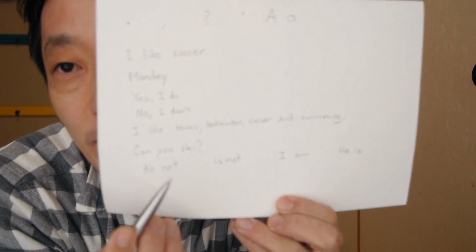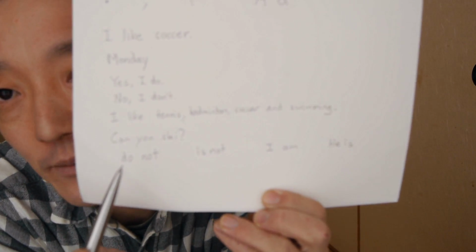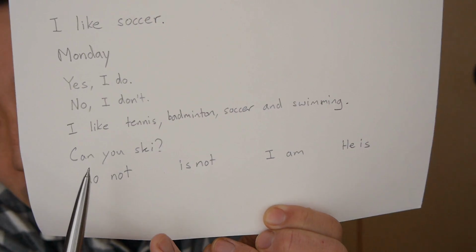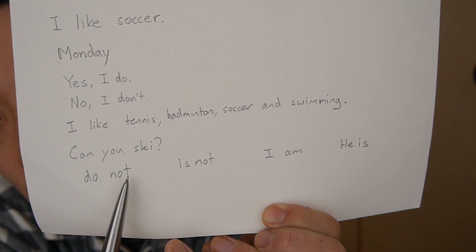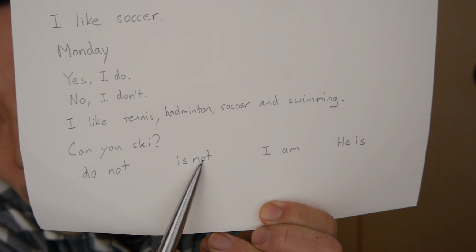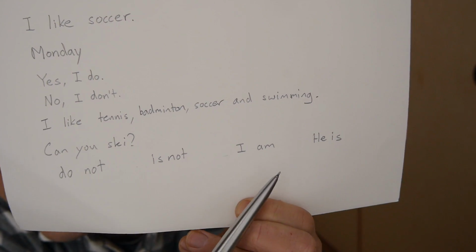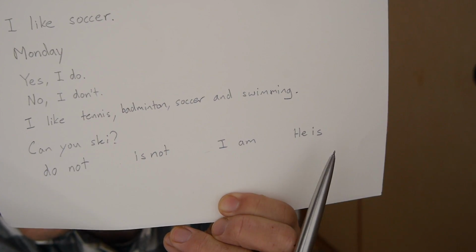I am, okay? And let's do he is, okay? Sorry, my camera's a bit slow at focusing, isn't it? So here we have do not, is not, I am, and he is.